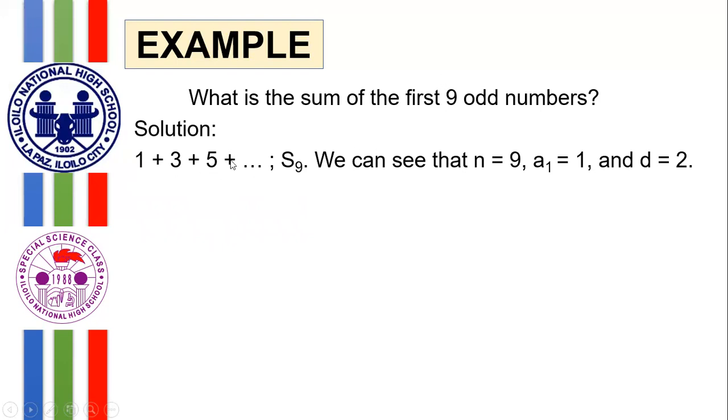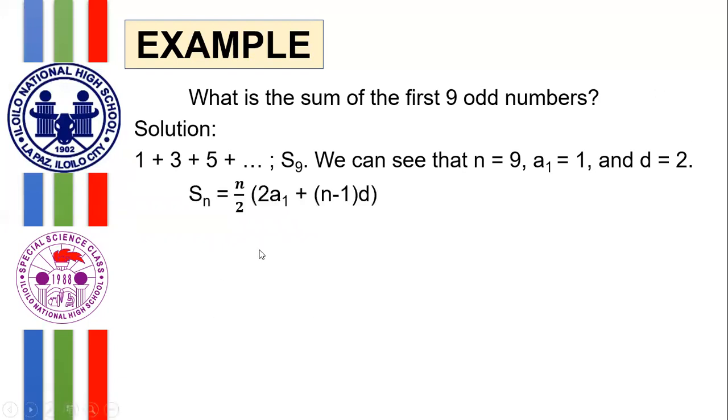Remember that odd numbers differ by 2. So starting from 1 plus 2, 3 plus 2, 5, and so on. We could see from here that our n is 9 because we're going to look for the sum of the first 9 terms. Also, our first term is 1, and our common difference here is 2.